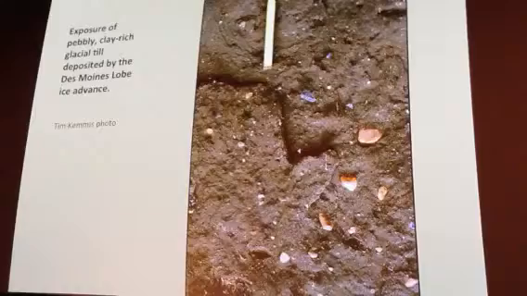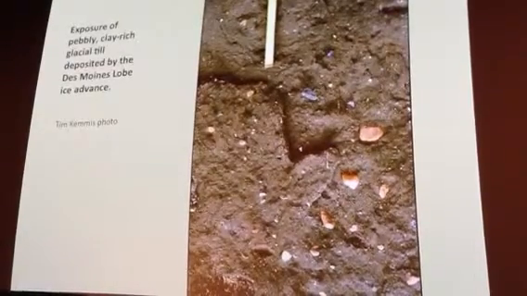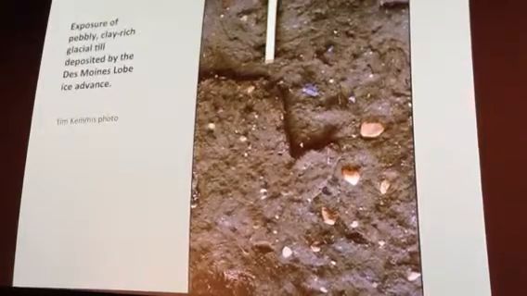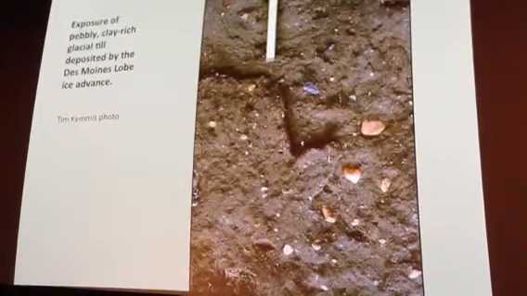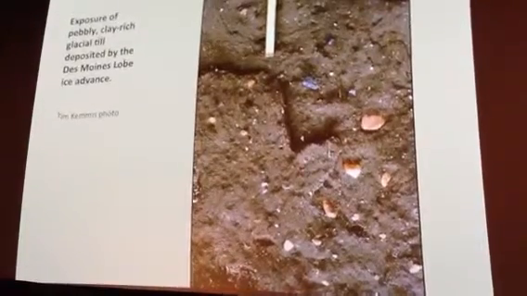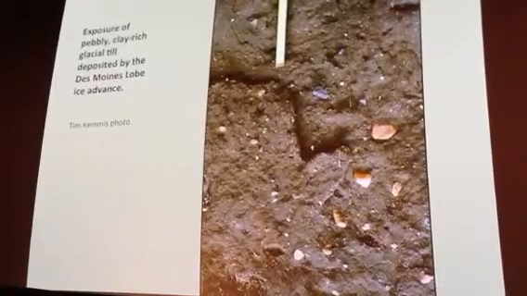It's not sorted at all. It's all mixed together. So this is a good example of what an exposure of more clayey glacial drift or glacial till might look like. Sometimes it's very sandy. The more water that's involved, it sorts the material and you get sand and gravel and silts and clays sort of separated out. But glacial till typically is a clay-rich material.